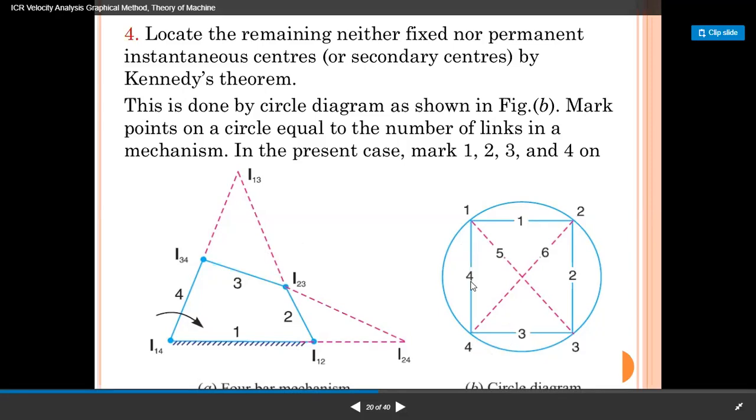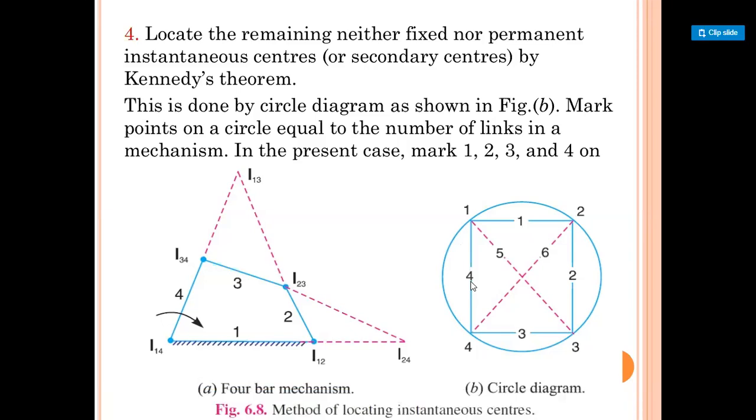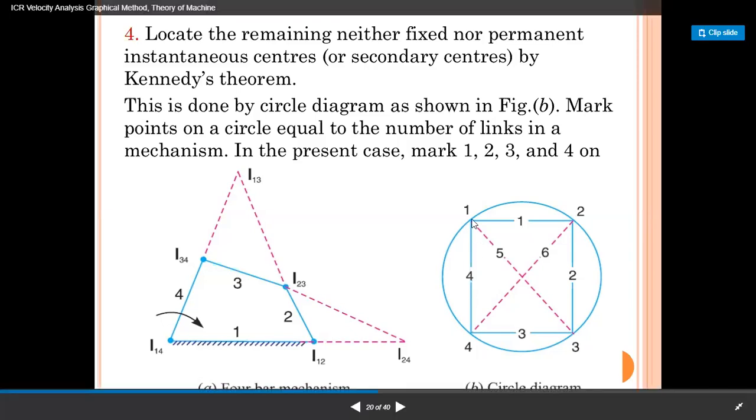This means 4 instantaneous centers. The first and second links are interconnected by the first instantaneous center. The second and third links by the second instantaneous center. The third and fourth links by the third instantaneous center. And the fourth and first links by the fourth instantaneous center.